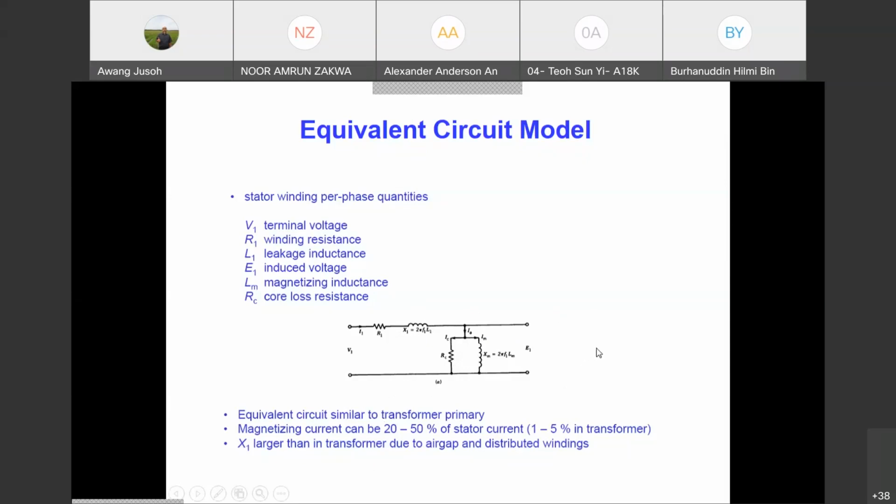That's why the frequency is different. It's not like the transformer, which is a stationary device that doesn't move. But the motor is a rotational device. That's why frequency F1, the frequency at the stator, is not equal to the frequency of the rotor. So if you compare transformer and motor, X1 in the machine is larger than X1 in the transformer. Get some knowledge, you want to compare that.